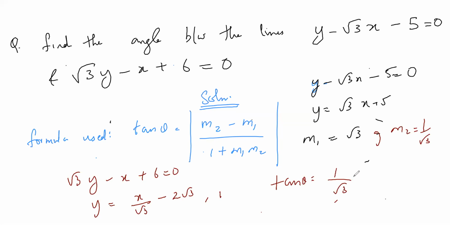If I substitute the m1 and m2 values in this, tan 30 is nothing but 1 by root 3. But since it is a line, it can have two angles. So one is theta is equal to 30 and another is 180 minus this 30, that is equal to 150 degrees.